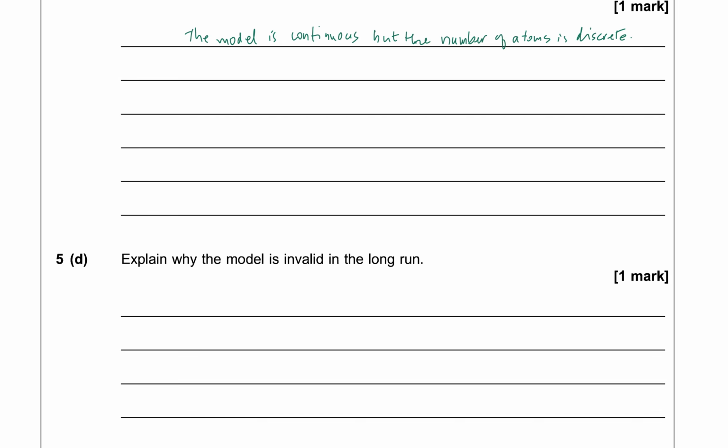That is because as t gets large, the number of atoms predicted by the model gets smaller and smaller, and so the model is no longer accurate.